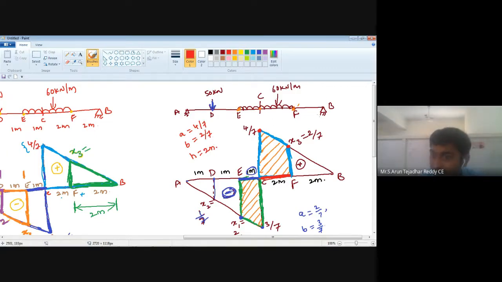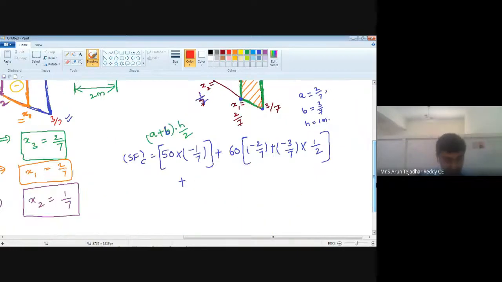Now the given load is 60 kilonewton per meter. So 60 should be multiplied with A plus B. B is 2 by 7. It should be multiplied with H by 2. H is 2 by 2.